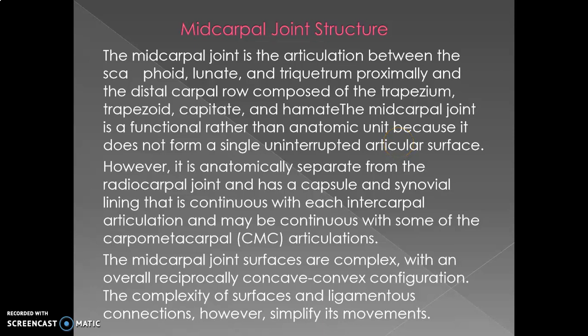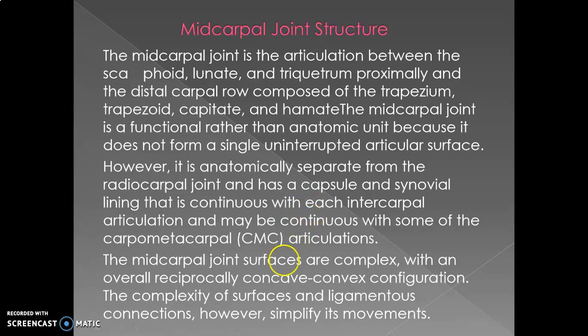The capsule is comparatively loose, and here you have a separate joint capsule and synovial lining for the mid-carpal as well. And then we have the next joint, which is the carpo-metacarpal joint.